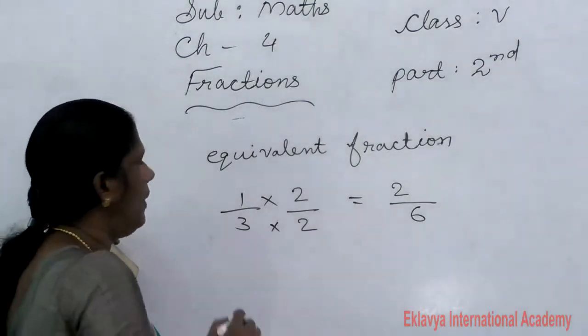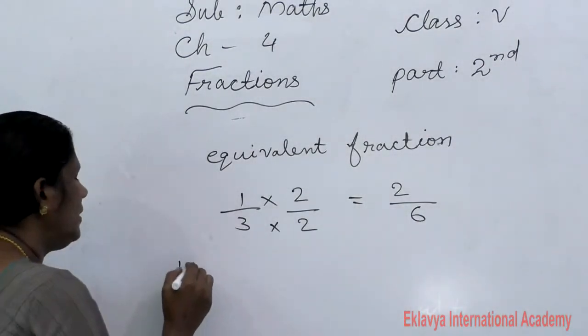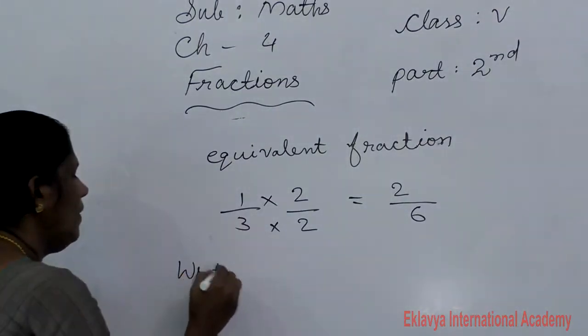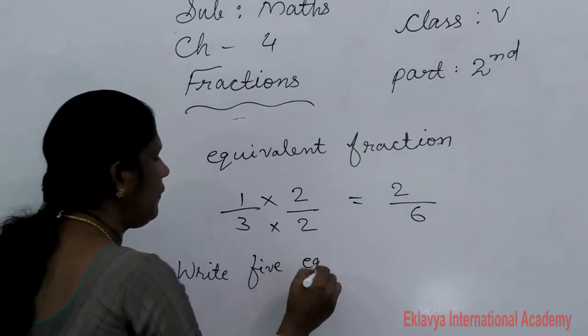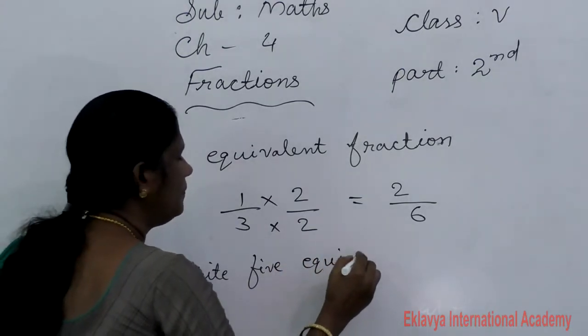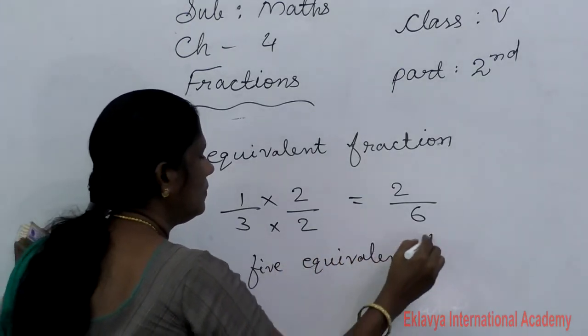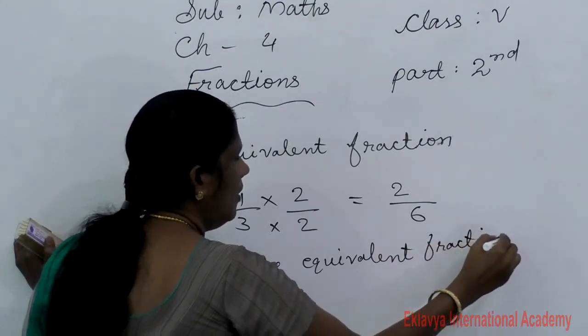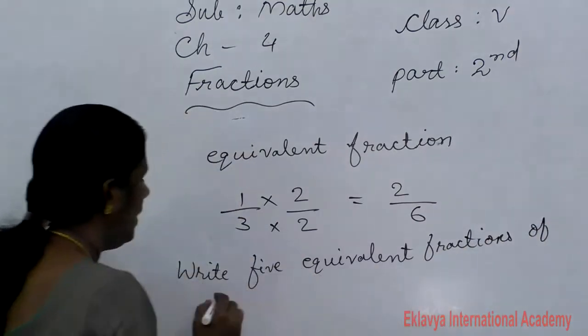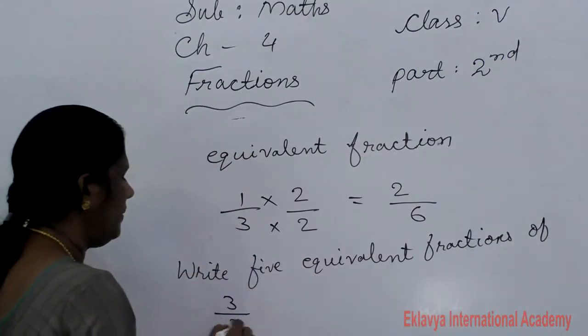Understand? Question: write 5 equivalent fractions of 3 by 7.